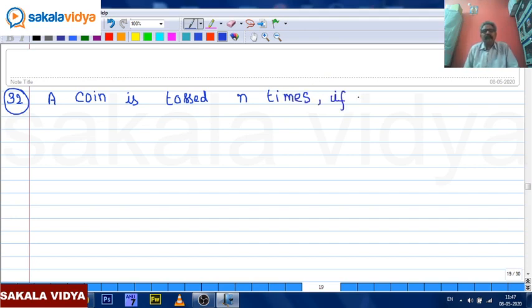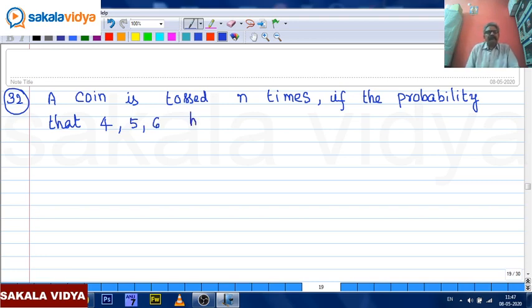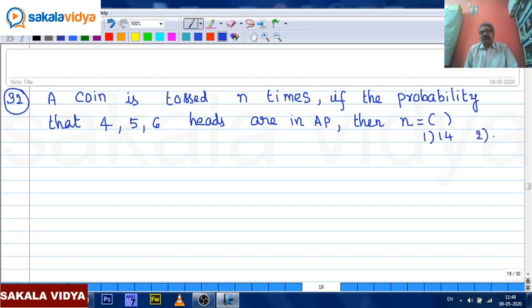If the probability that 4, 5, 6 heads are in arithmetic progression or in AP, then n equals to: first option 14, second option 8, third option 15, fourth option 11.